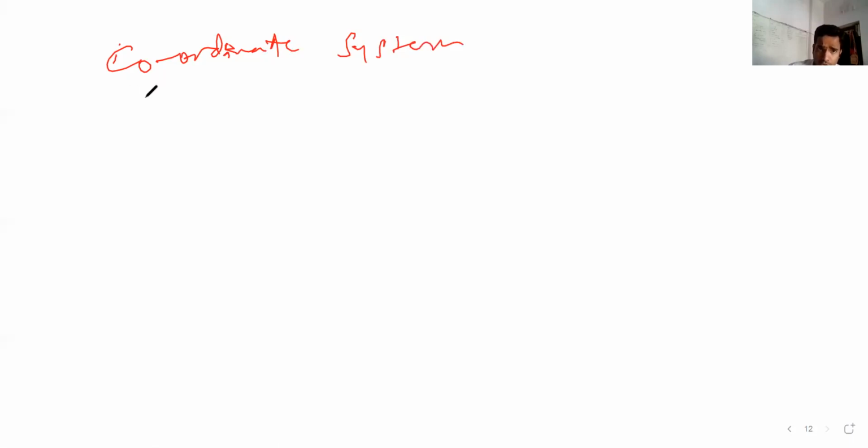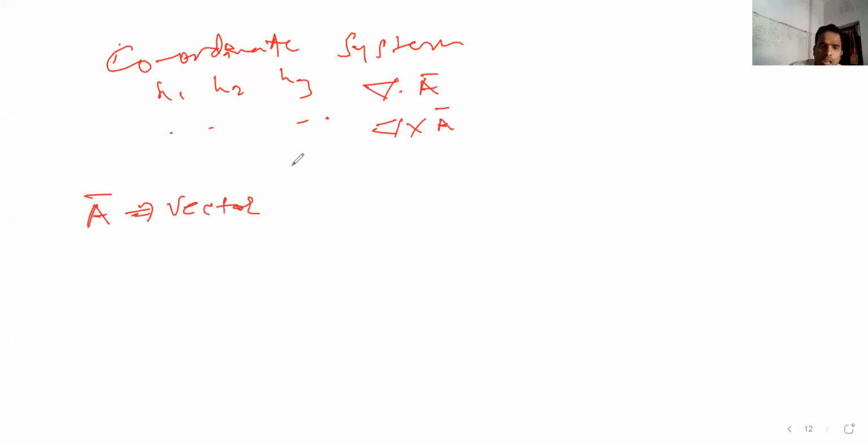You will get the coefficients H1, H2, H3, and you will get the divergence and curl formulas for each coordinate system. So let me first go through the significance of divergence and curl. Suppose A is a vector.